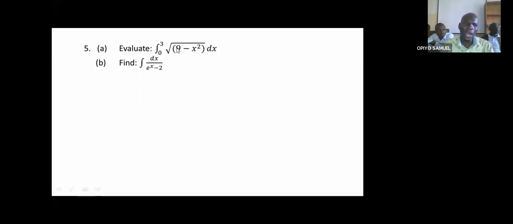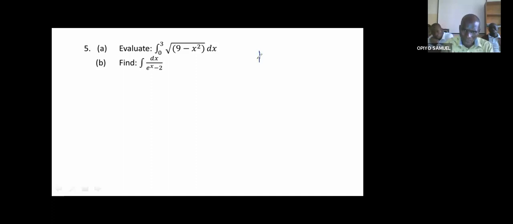And when you look at the bracket, you can transform this bracket into some useful function. The function that can be used to simplify this is the Pythagoras identity.